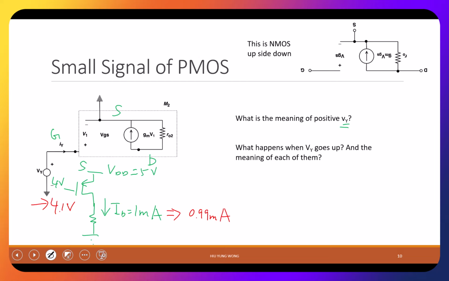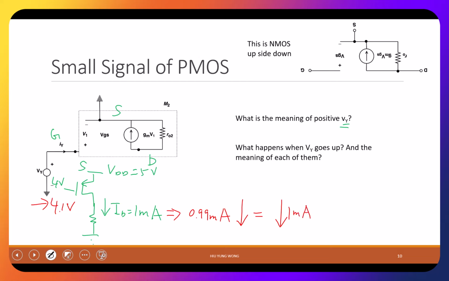But I want to see it from a small signal model perspective. 0.99 milliampere is just equal to 1 milliampere going down, because this is the DC bias.